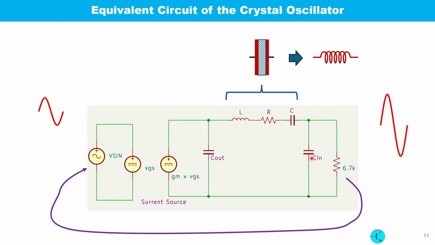One is the input capacitance, that is the gate capacitance represented by Cin, and the other is the drain source capacitance, that is the Cout. At crystal resonant frequency, the crystal behaves much like an inductor. The entire feedback circuit now poses 180-degree phase difference at 27 MHz, which causes the oscillation to begin.